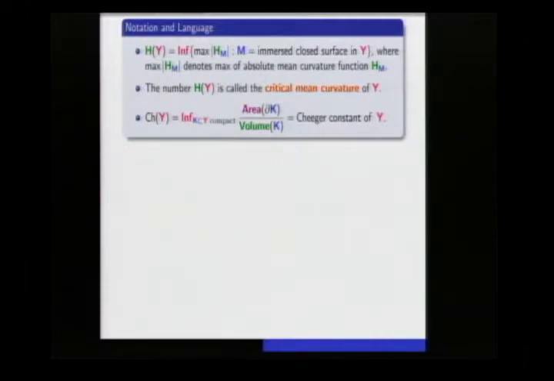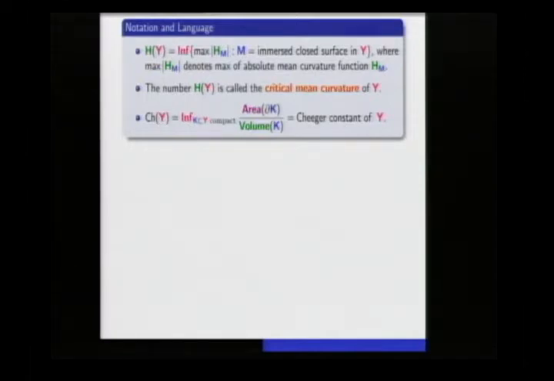Now, of course, these numbers are very simple if you had constant mean curvature. So somehow this number is very closely related to constant mean curvature surfaces, but it's not clear from the definition exactly how. It's pretty vague. But it's called the critical mean curvature. It's a fundamental number associated to all the spaces.